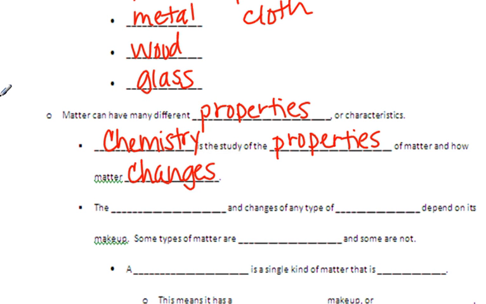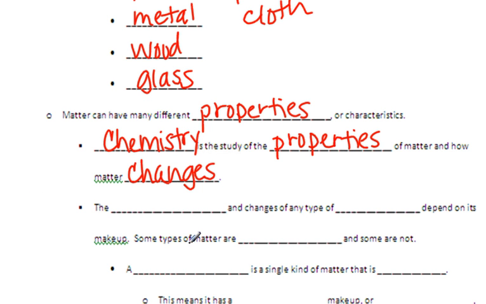It's called chemistry. They even have classes in high school and college that are just called chemistry, and that's all you do is study the properties of matter and how matter changes. Now, this time we're just going to be talking just a little bit about matter. So not enough to have a complete entire year just studying the chemistry of matter. So we'll just get an introductory course this time.